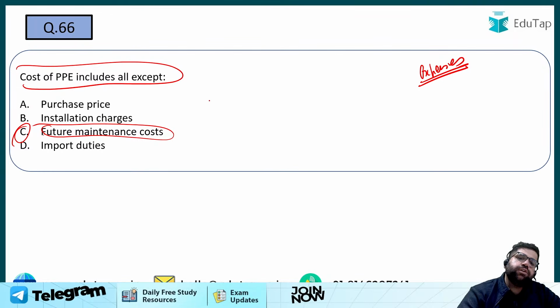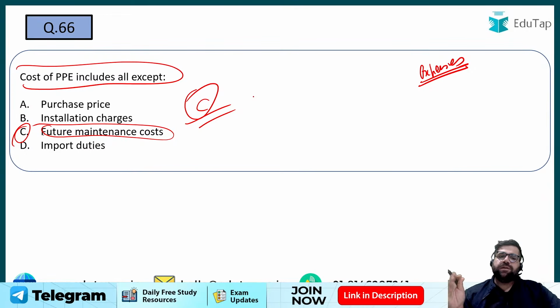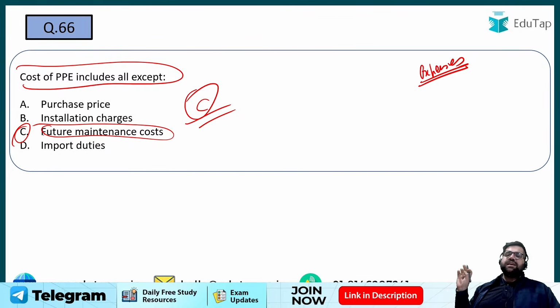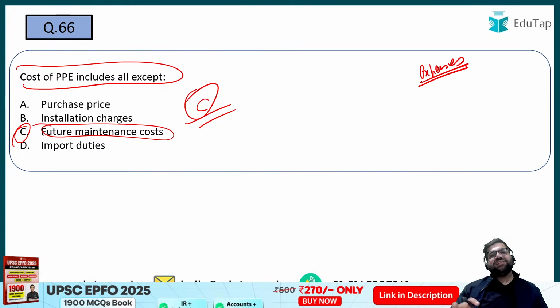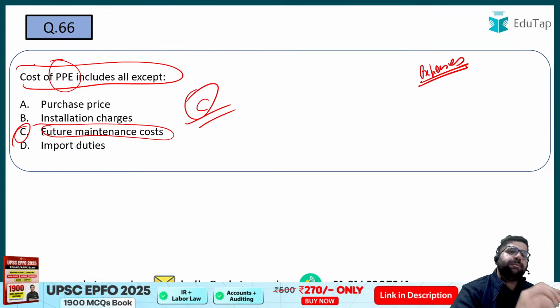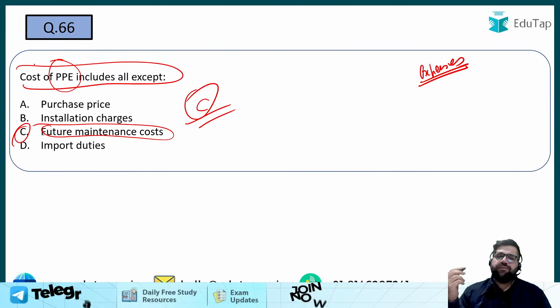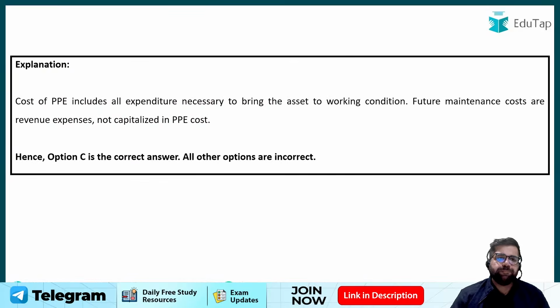Right? So the answer over here will be option number C. Purchase price, installation charges, import duties, any kind of freight inward, any kind of octroi, any kind of other expenses which you have paid on that particular machine or on that particular PPE, that will be included. But future maintenance costs cannot be taken.